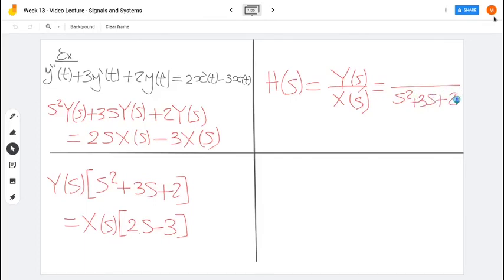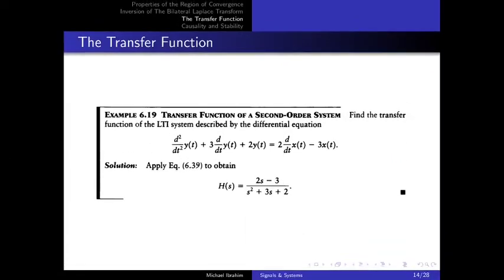So starting with a differential equation, we can obtain H(s), and from H(s) we can get h(t), and we can get the poles, zeros and ROC. As we're going to see in a few minutes, we can learn about the system properties from these things.